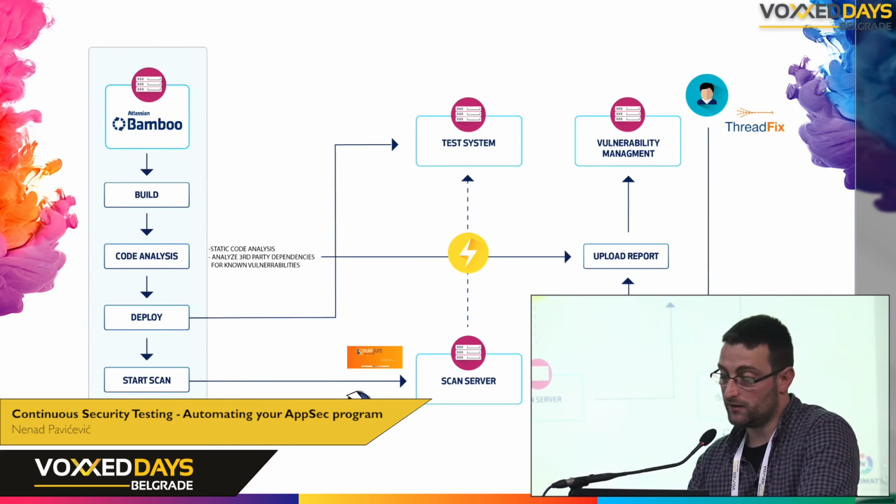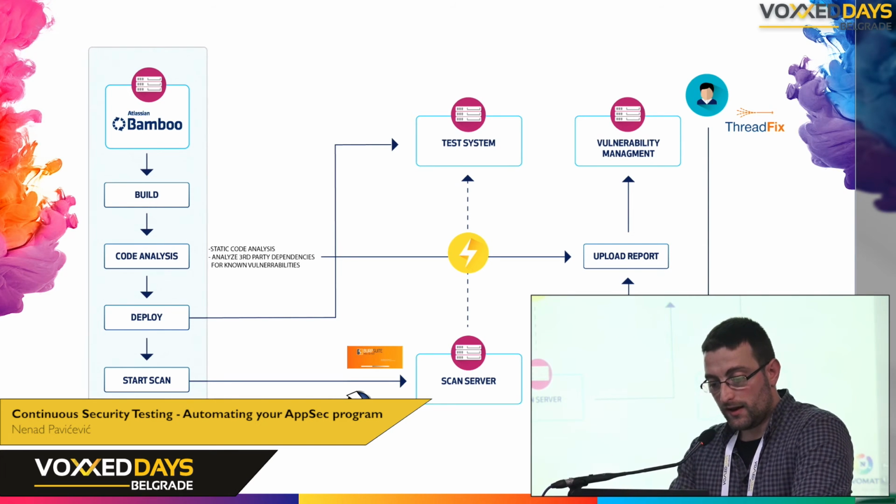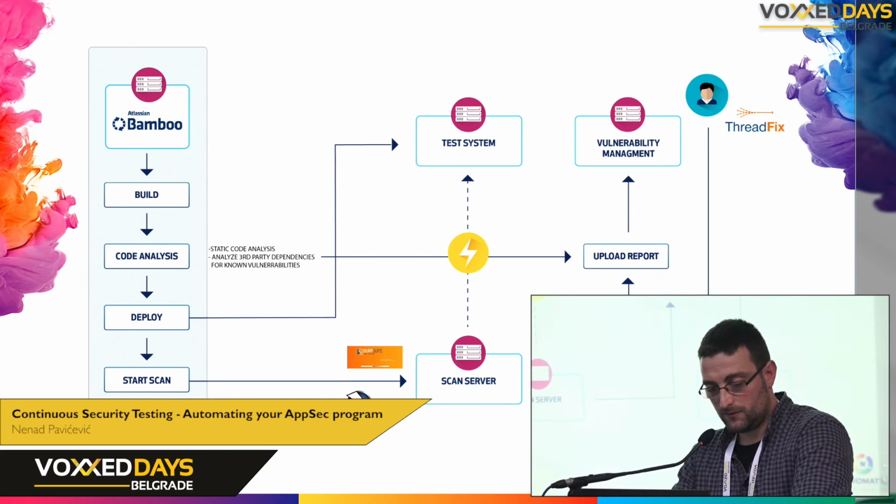So it might not be that critical. So you want to lower or raise the priorities of those issues before you report them to your issue tracking system, such as Jira or whatever. And that should be the end of this process.